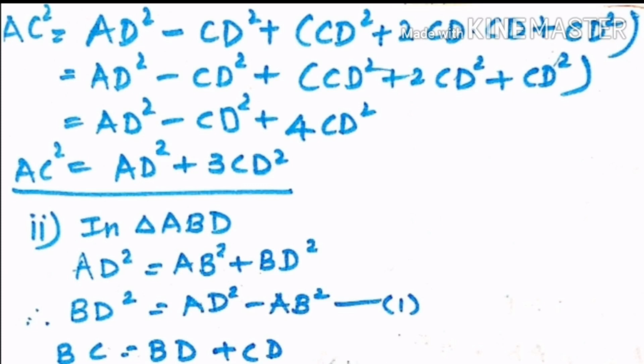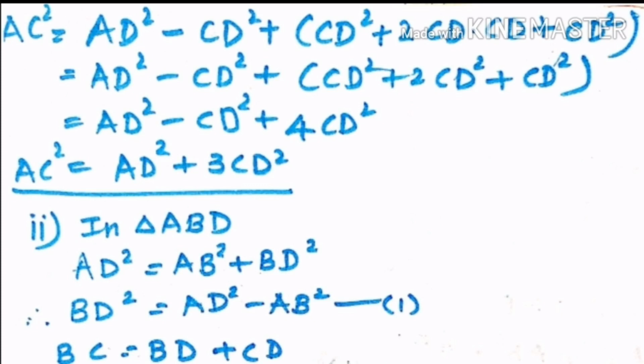Now to get our result number 2, taking Pythagoras theorem in triangle ABD. So using Pythagoras theorem, AD square is equal to AB square plus BD square. Now taking BD square as a subject, so BD square is equal to AD square minus AB square. This is our first result.